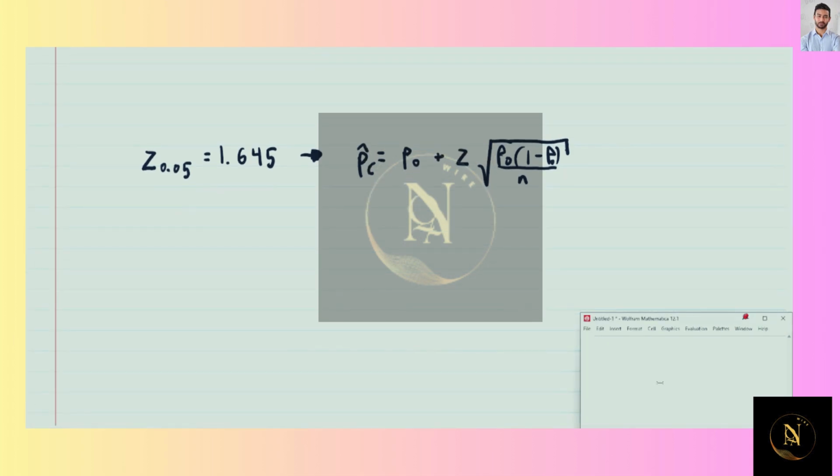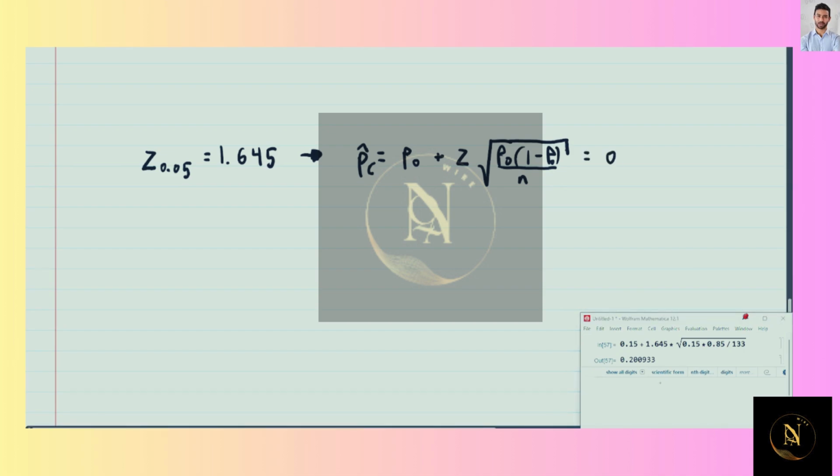So let's see here. We have our null hypothesized proportion is 0.15, then we do plus 1.645 times the square root of 0.15 times 0.85 divided by n, which is 133. So we have that the critical proportion is going to be 0.2009.